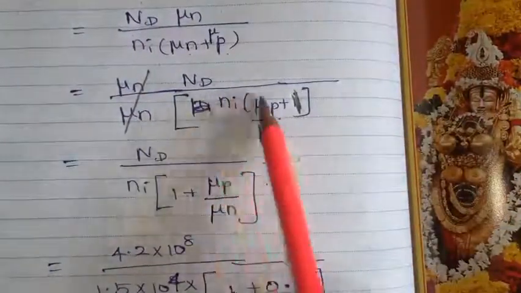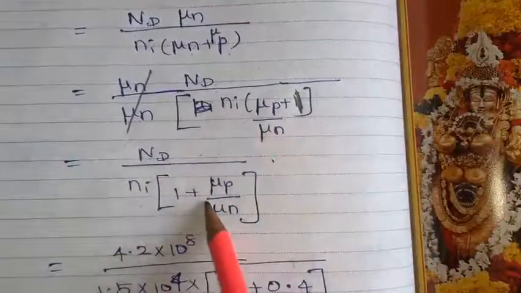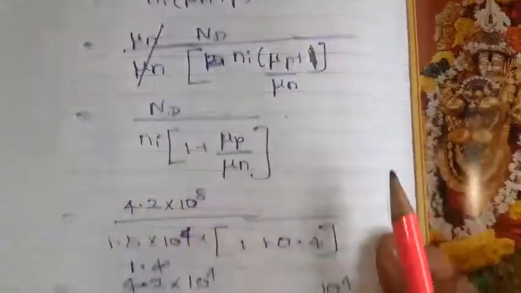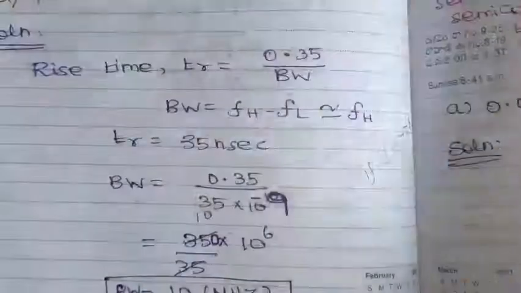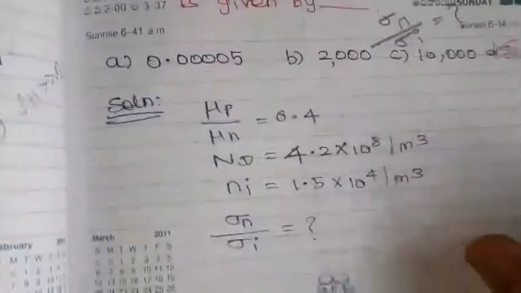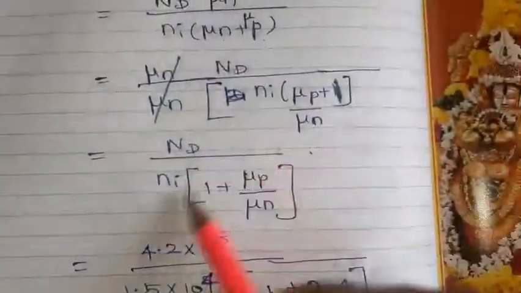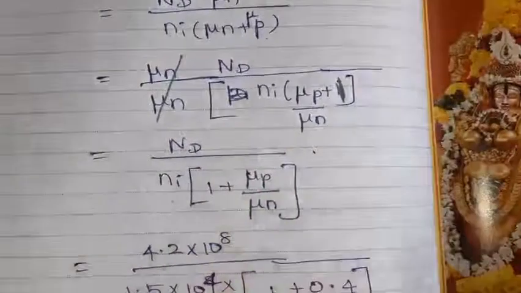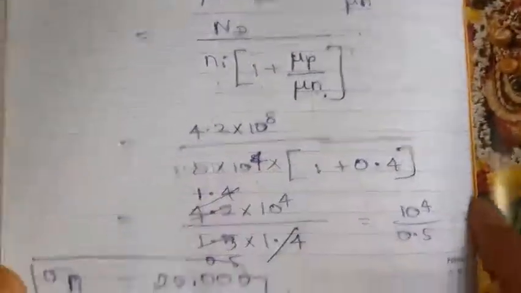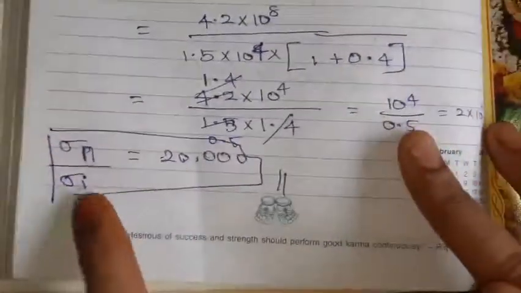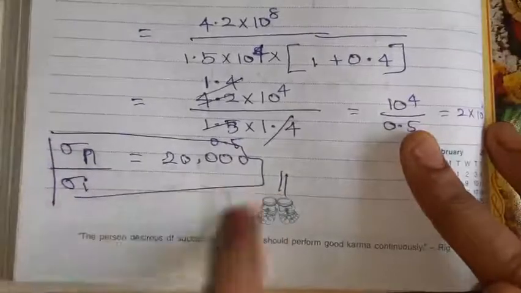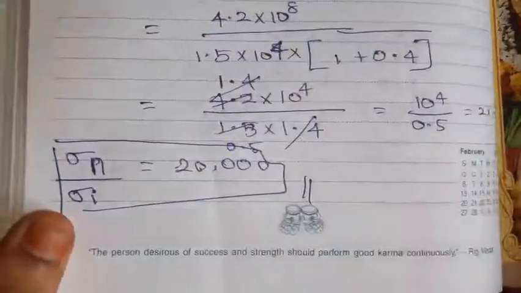Nd divided by ni into (1 plus mu p by mu n). Okay, so we'll see what data is given. The mu p by mu n ratio we will know, and Nd and ni. Substitute all these values and then find the ratio of sigma n to sigma I, which is equal to 20,000.